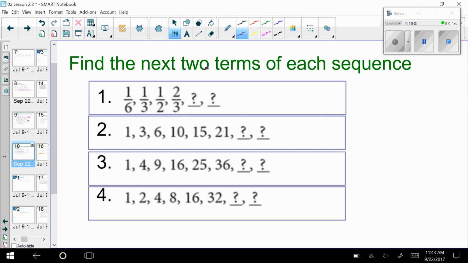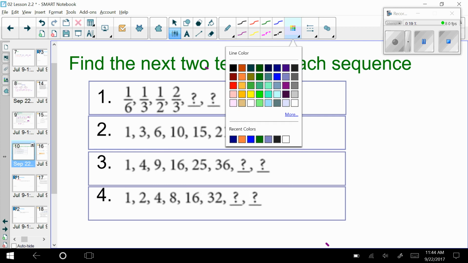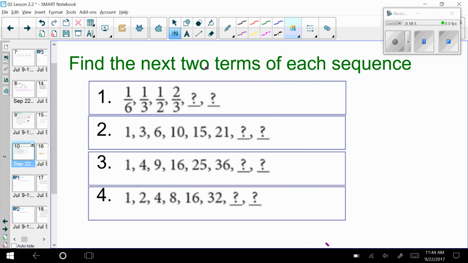The first sequence, we have 1/6, and then 2/6 is 1/3, and then 3/6 is 1/2, and 4/6 is 2/3.